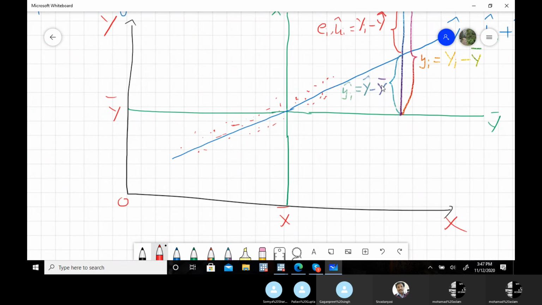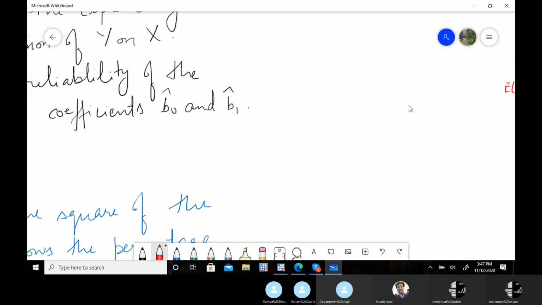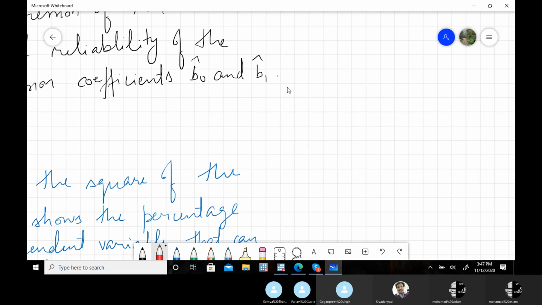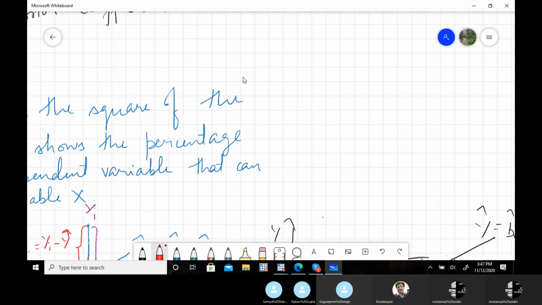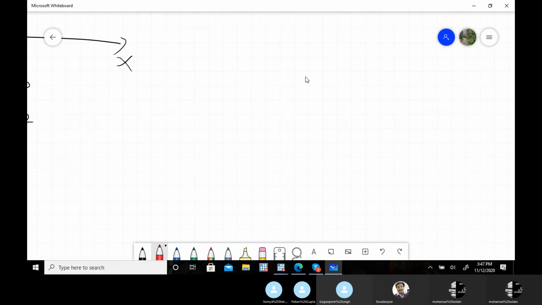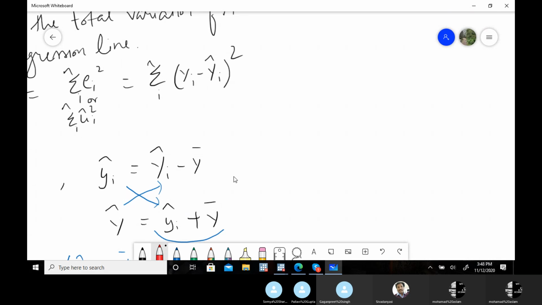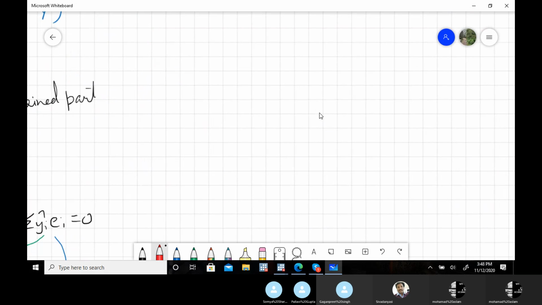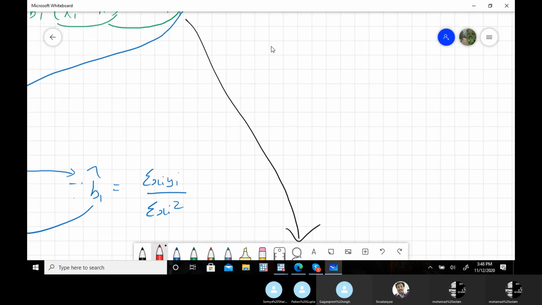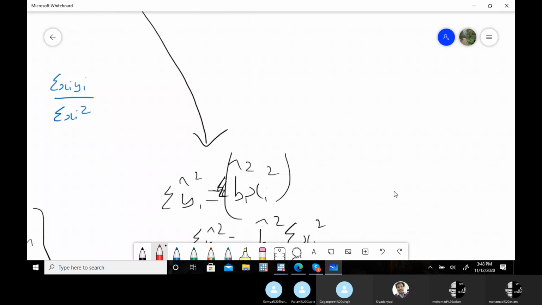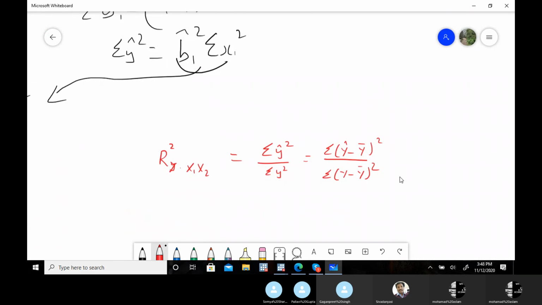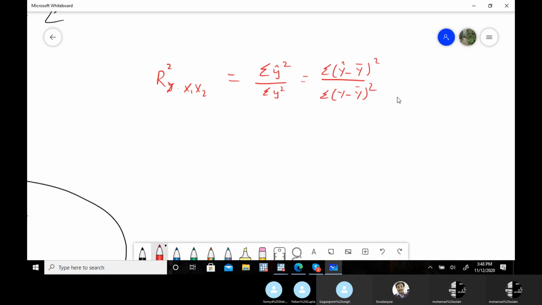This part was the unexplained, explained, and total variation. So R square is the proportion of explained variation to total variation. Using this method, let me derive it again for the multivariate case.